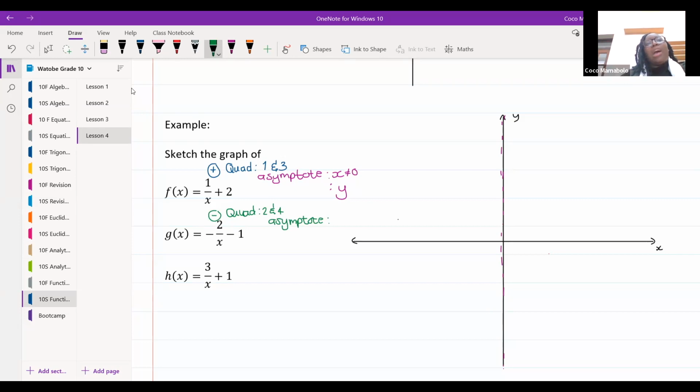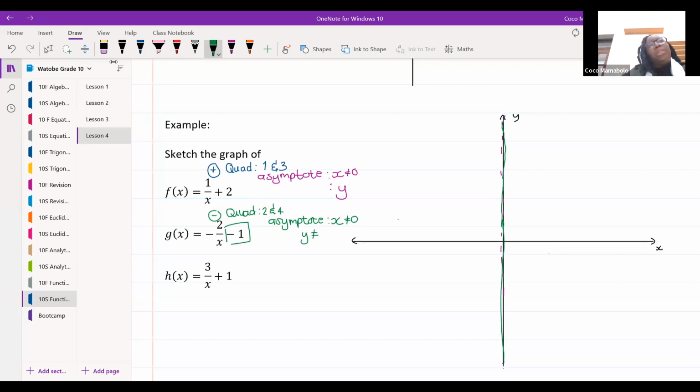Our asymptote is always going to be where x gives us a problem. So what value can x not be? X cannot be 0. Good. So that's our first asymptote. X is not equal to 0, which means it's this line over here. Remember our y asymptote, y cannot be equal to this value over here.